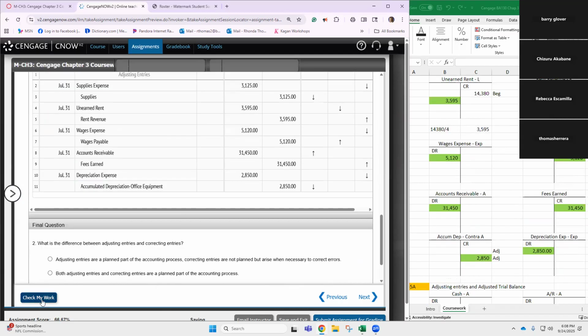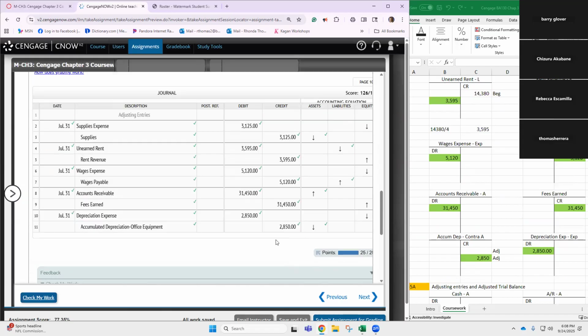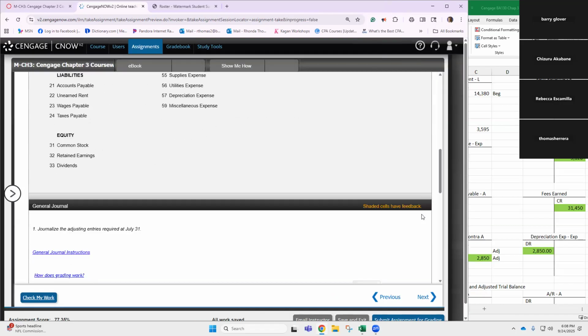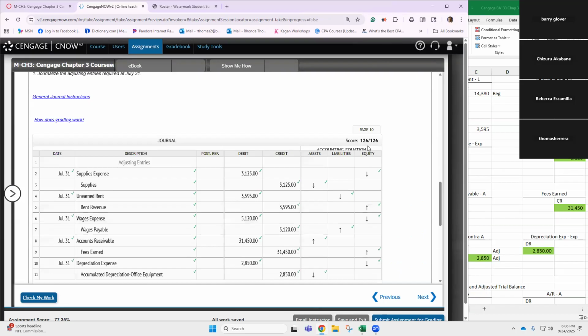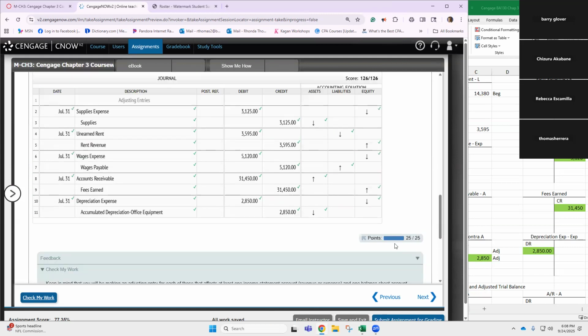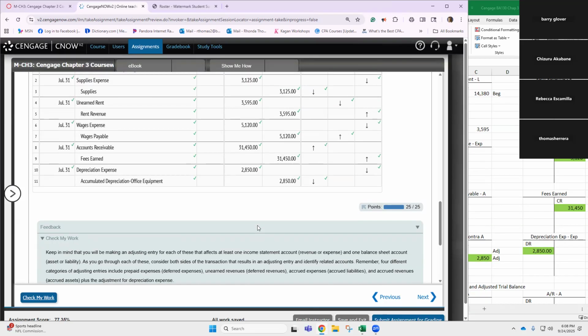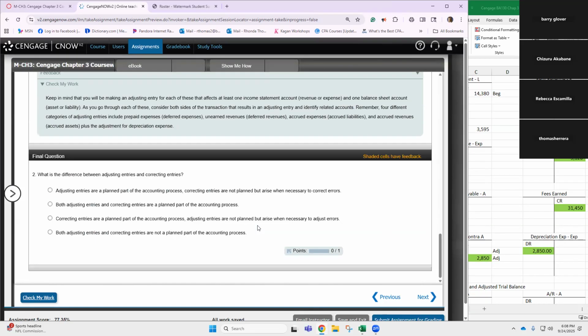Okay, so let's go ahead and check our work. If you put everything in correctly in the journal, you should get 25 out of 25. Now, the last question says, and I kind of already have talked to you about this, what's the difference between an adjusting entry and one that's actually meant to correct something?